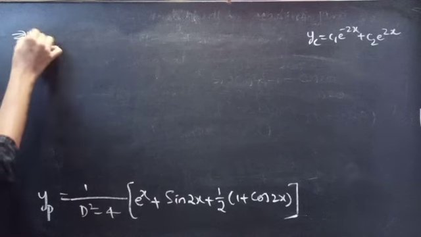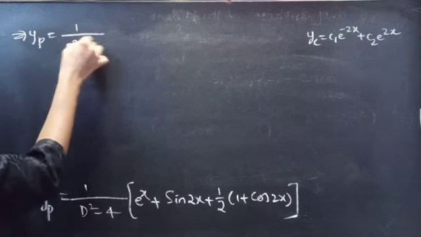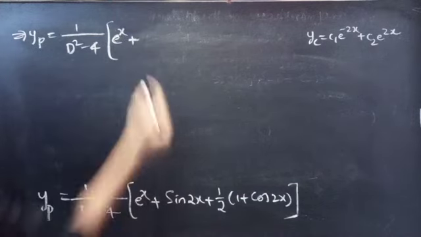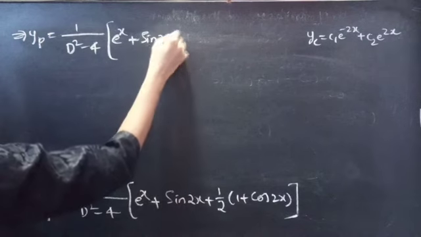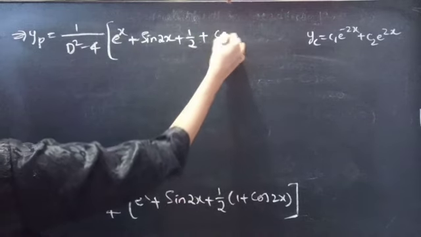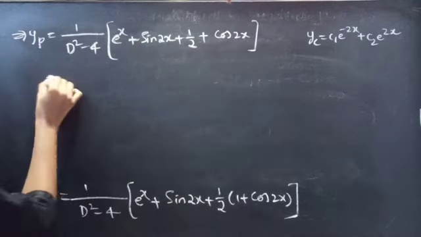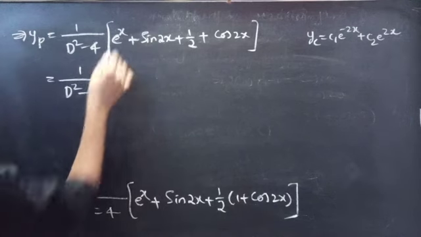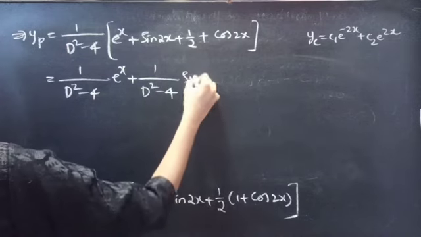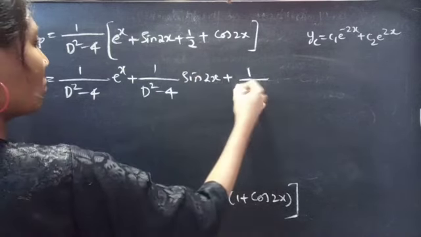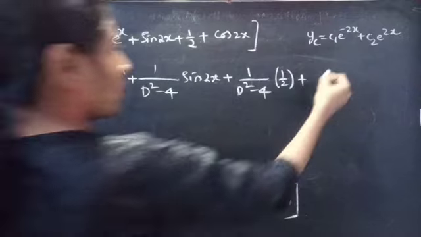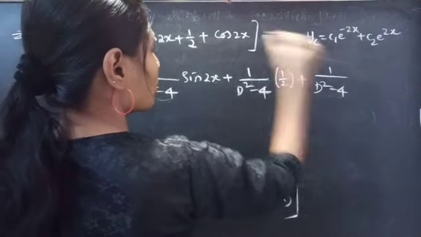Now the yp becomes 1 by f of D into e power x plus sin 2x plus 1 by 2 into 1 plus cos 2x, right? You can write it as 1 by D square minus 4 into the first term e power x, plus 1 by D square minus 4 into the second term sin 2x, plus 1 by D square minus 4 into the constant, plus 1 by D square minus 4 into cos 2x.